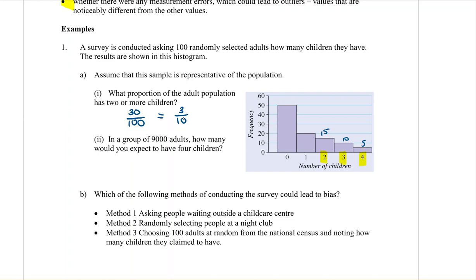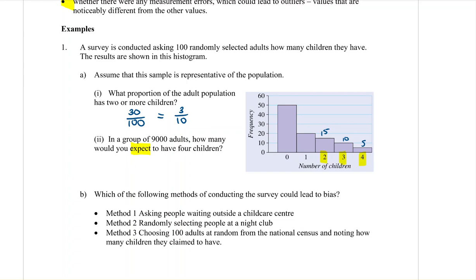Part 2. In a group of 9,000 adults, how many would you expect to have 4 children? When they use that word expect, what you need to do is find the proportion, which is what we were just doing, and times it by the 9,000, the number of people that you're trying to find how many are in that group.